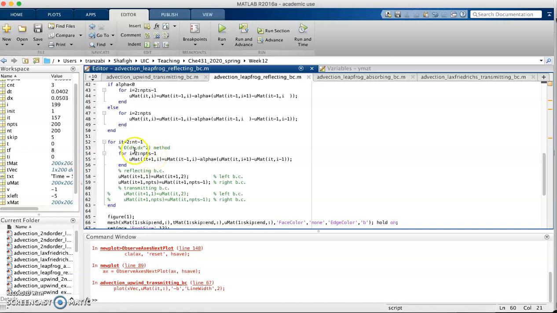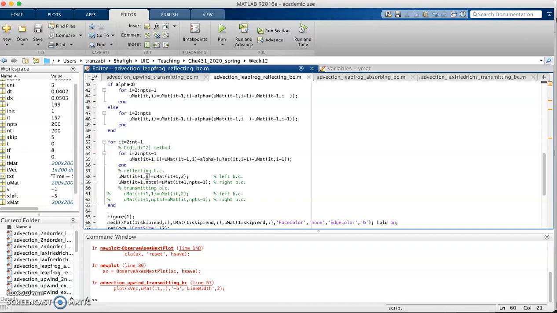I'm not including I equal 1 or I equal n, because I'm going to impose a reflecting boundary. So for x equal 1, at t equal n plus 1 and I index equal 1, I want to impose derivative equal to 0.